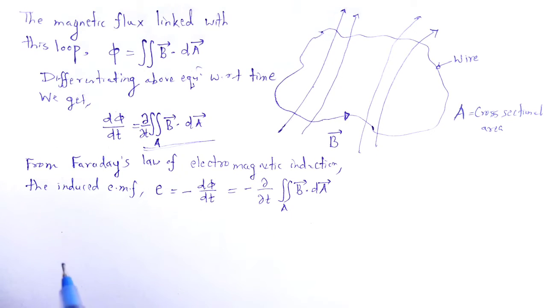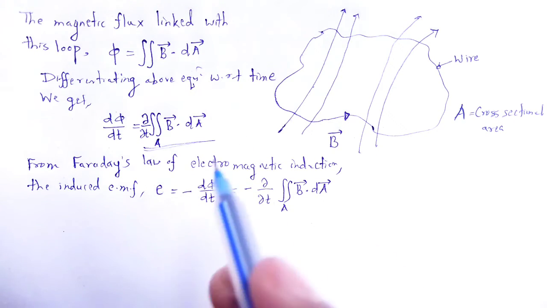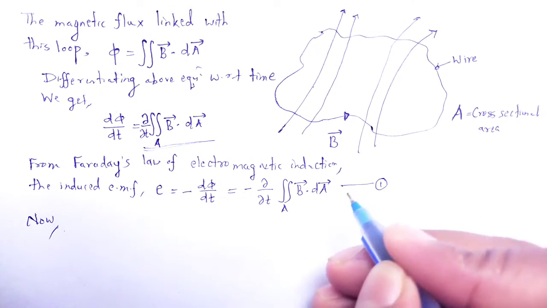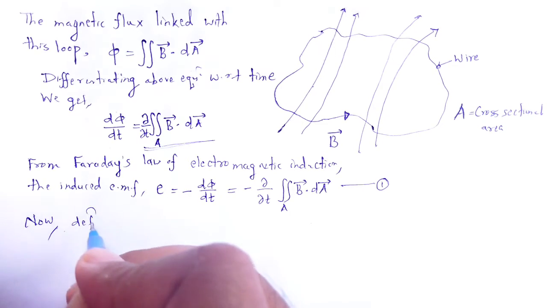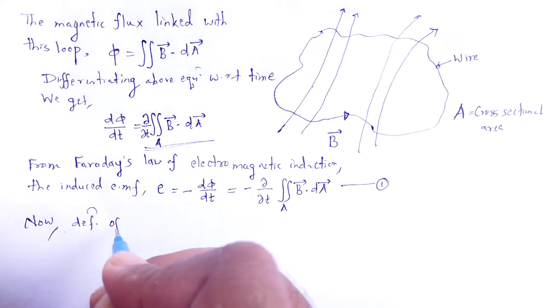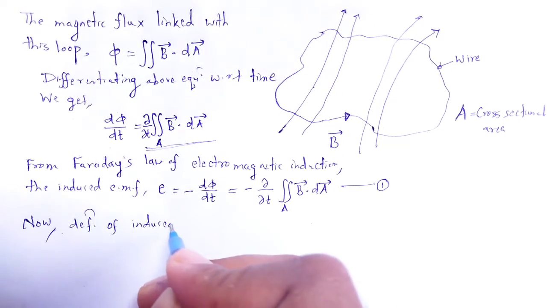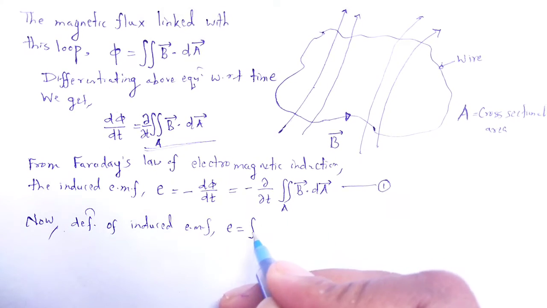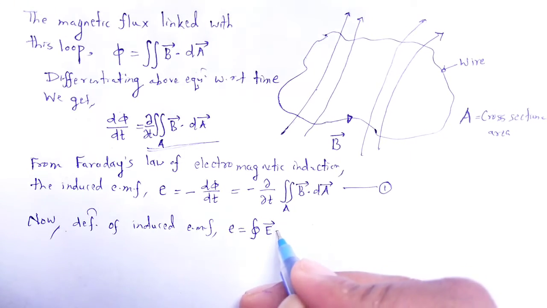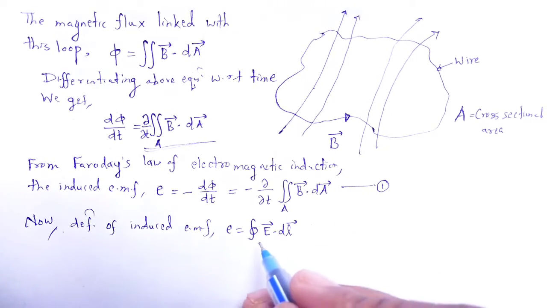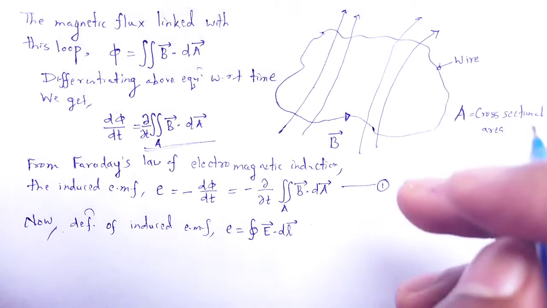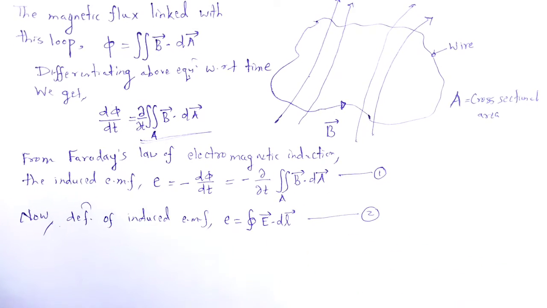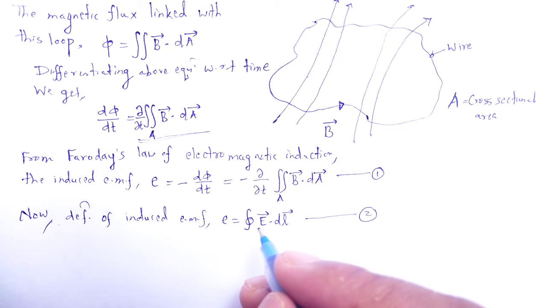Take it as equation number 1. Now, from the definition of induced EMF, it is equal to the line integral of E dot dl, the electric field around the closed curve, equation 2, where E is the electric field intensity.